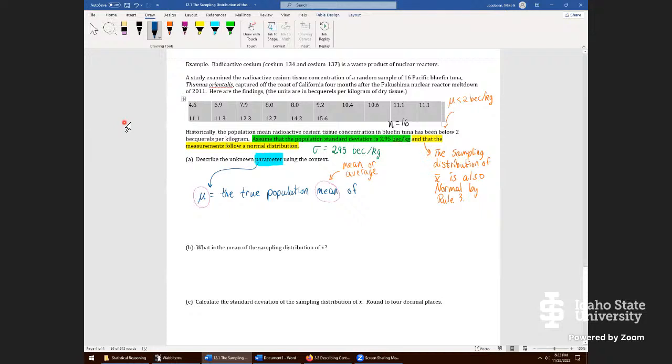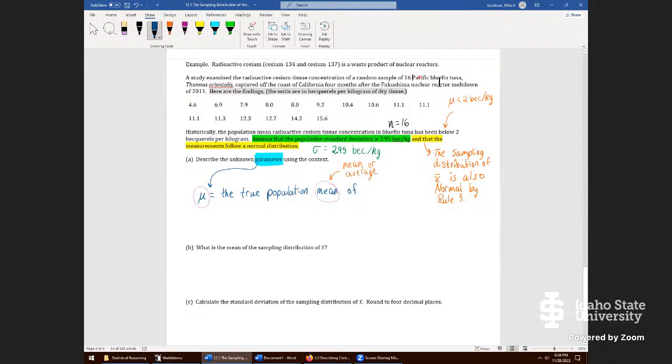If you averaged all those numbers, you're estimating mu. Now, we're not trying to put a number down on mu, but if you look at those numbers again, it tells us the context. Let's backtrack. It says, here are the findings in becquerels per kilogram of dry tissue. So we're taking the mean of becquerels per kilogram. Let's move backwards. Becquerels per kilogram of what?